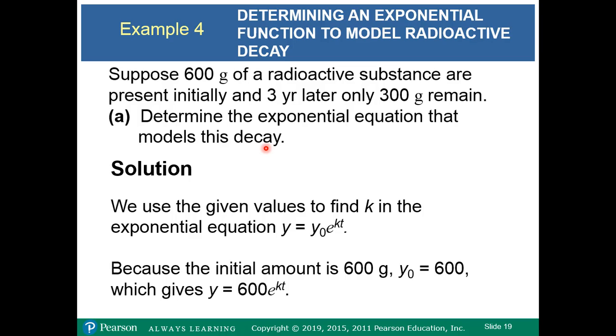Let's solve for k. We know the initial value is 600, so this is going to be the model. We have to solve for k, and we know that half was left over after 3 years. So we're going to stick 3 in for t, and 300 in for y.